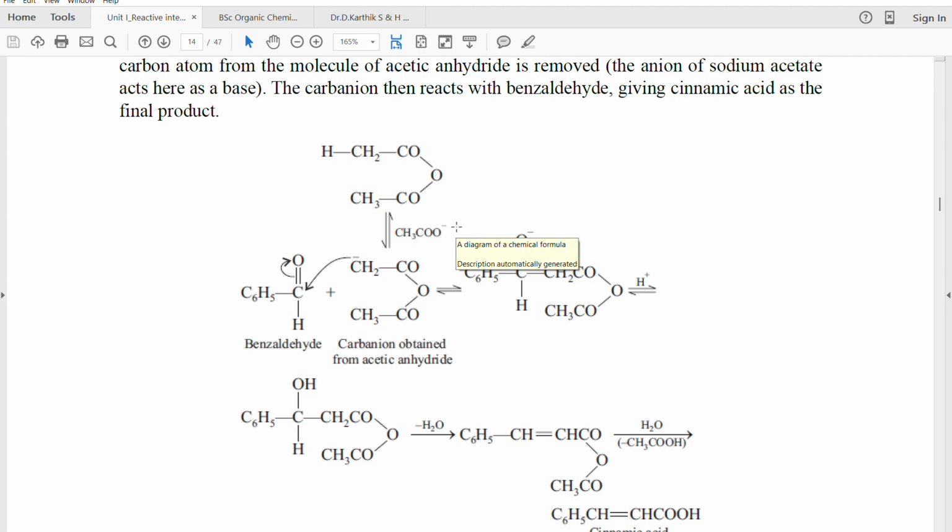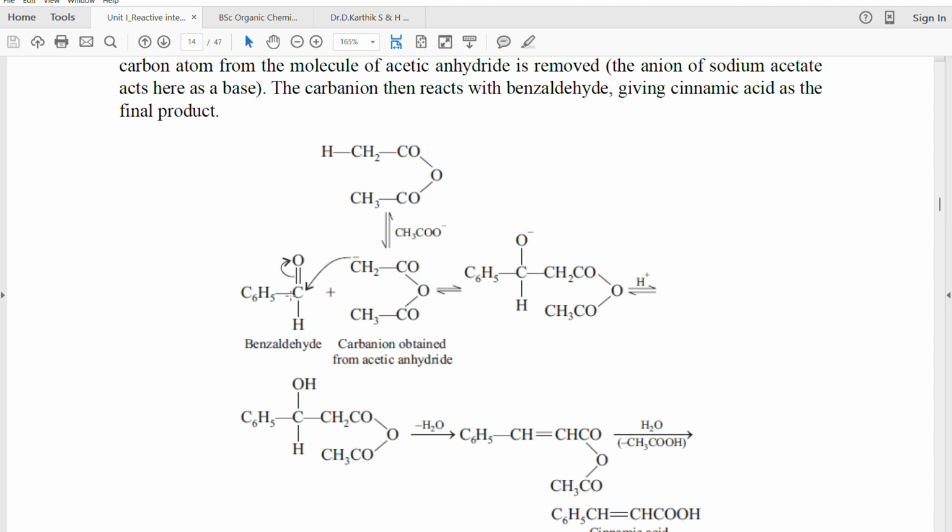Na+ means that is the sodium salt of acetic acid. So in the sodium acetate salt, the acetate anion is acting as a base. So this acetate anion abstracts one proton from this acetic anhydride. First, there is no alpha proton in the aldehyde to abstract, right?